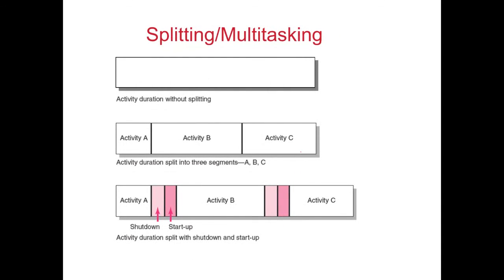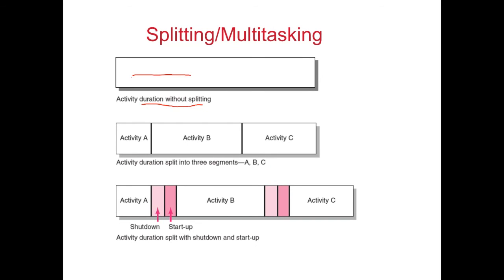Now, sometimes there is a misunderstanding that people think you have got this big, huge activity, and you could split it into 3 clear segments, and it would take the same amount of workload or effort. This is not the case. Very often there is a shutdown and a startup involved, so you demobilize an activity and then you are restarting.